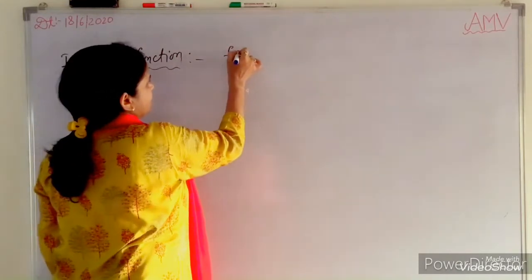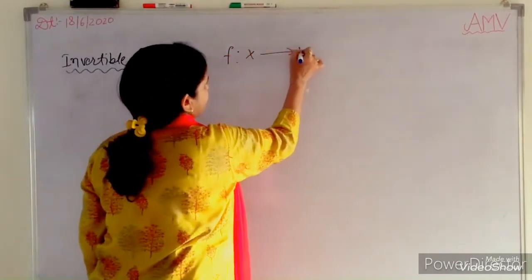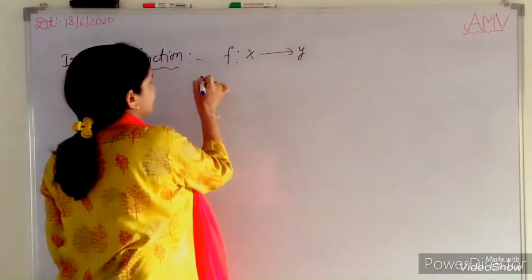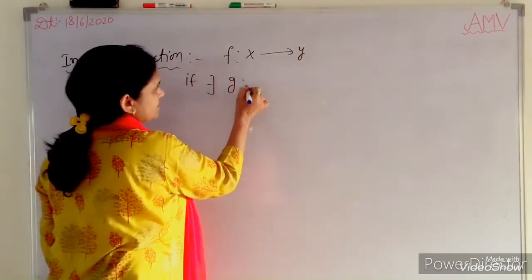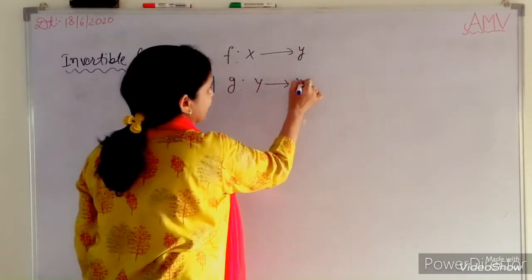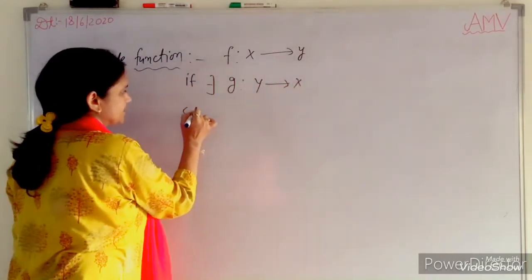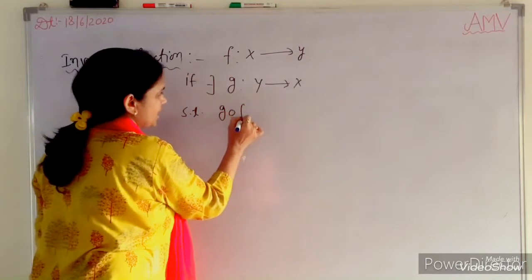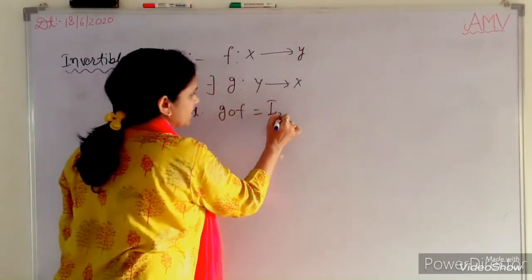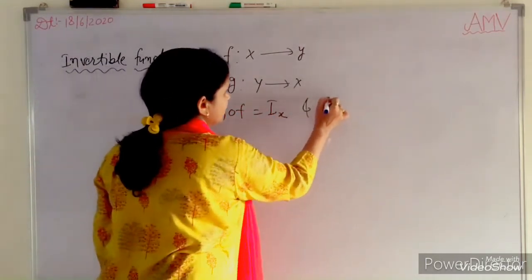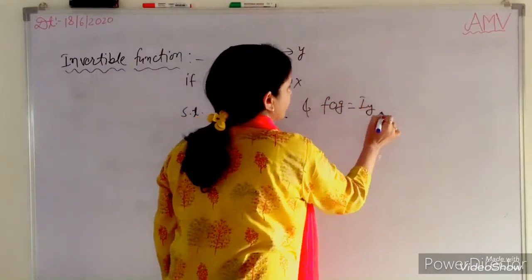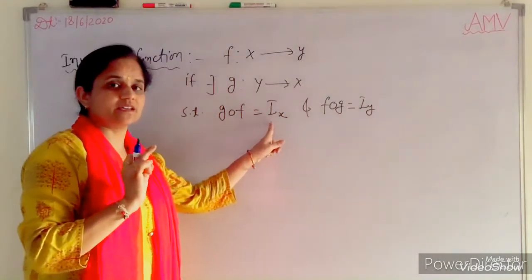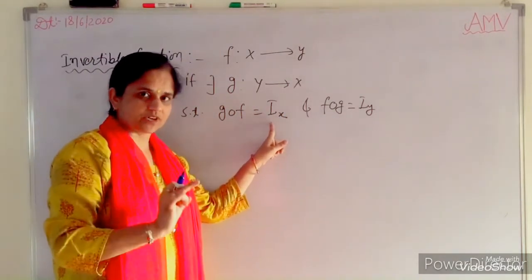Let f be a function defined from X to Y. Then if there exists g, a function from Y to X, such that GOF is equal to Ix and FOG is equal to Iy. Here, student, I is an identity function.